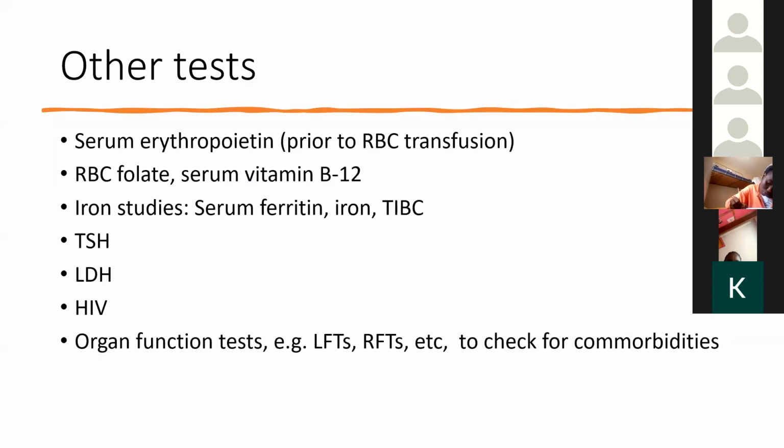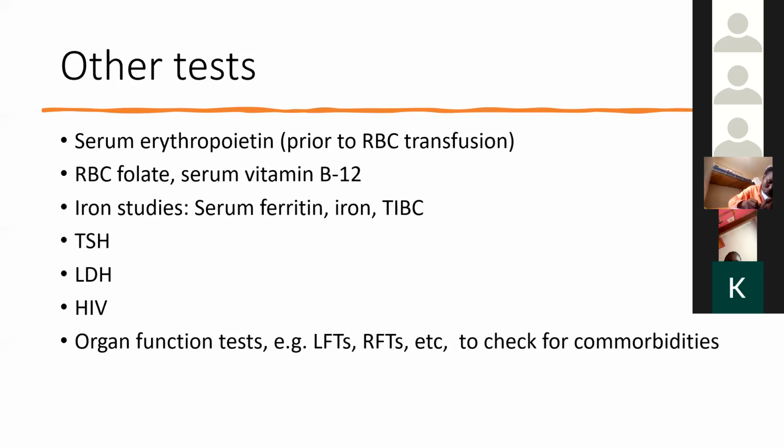So what other tests? Many of these tests, again, are to try and exclude any other treatable causes of myelodysplasia. For example, you will do your serum erythropoietin. This should be done before blood transfusion, because transfusion will modify your findings.